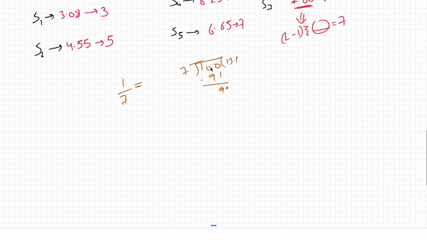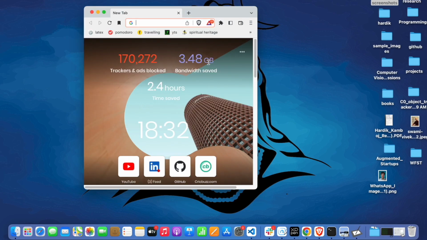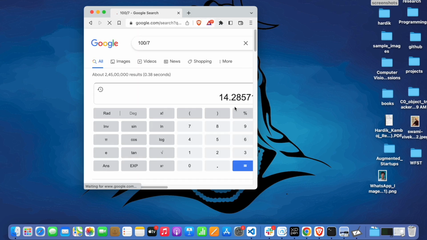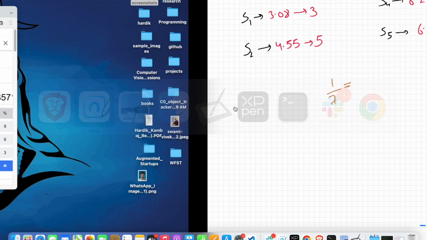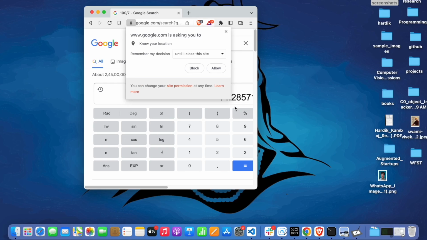Wait, I think I'm doing it wrong. My mind has just stopped working, so I will just take the help of Google. 100 divided by 7 is 14.28.